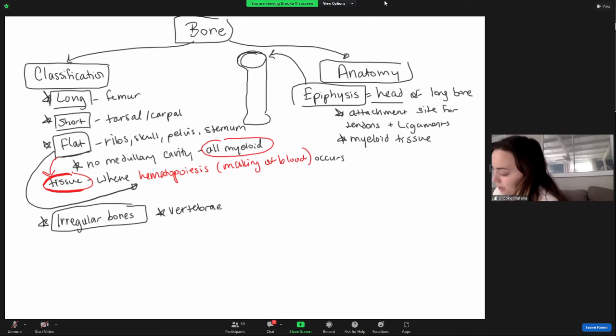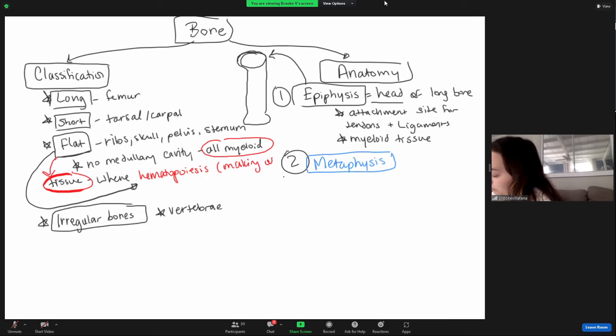The next part, I'm going to do a 1, and then I'll just erase this here because it's a little bit away. 2, let's change our color. Metaphysis. So the metaphysis is the meeting point or the connection point of the head and the shaft.